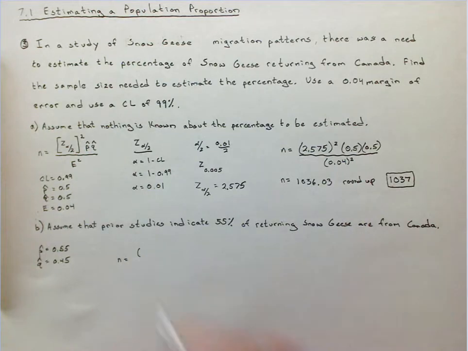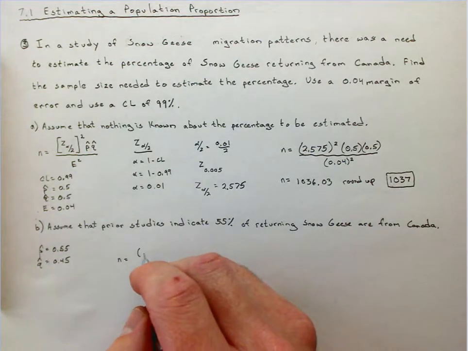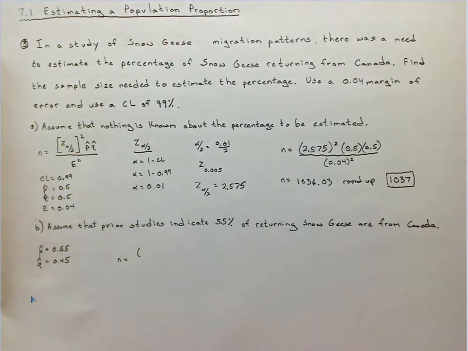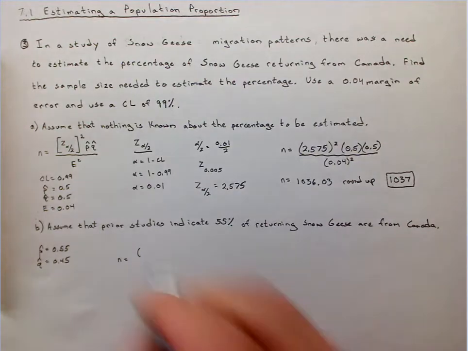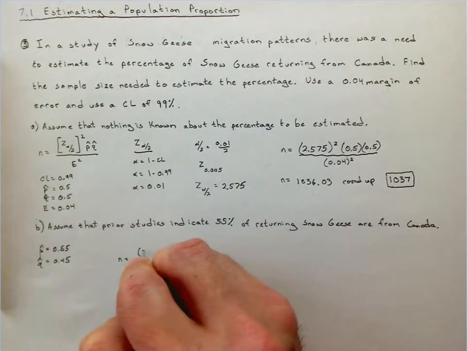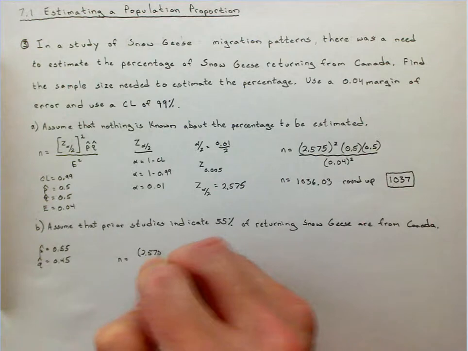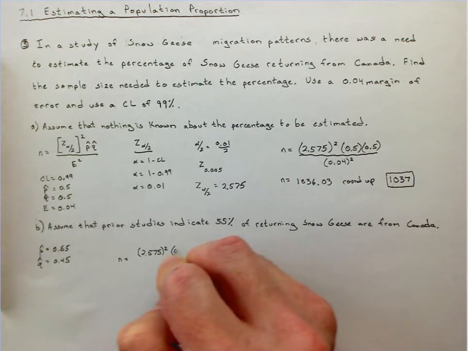The information is provided from a prior study, so I have a concrete sample proportion. I'm just not estimating, saying, oh, I don't know anything, therefore I'll just say p hat is 0.5. But everything else is the same.